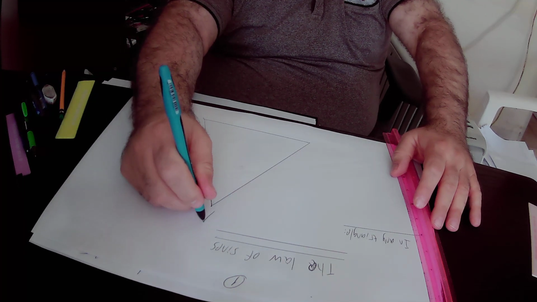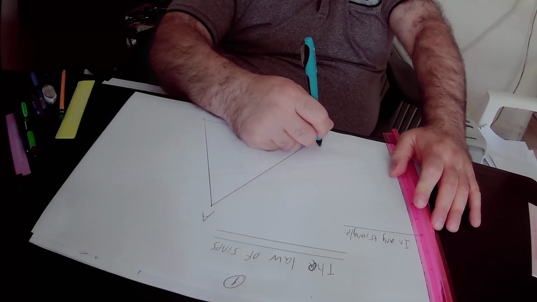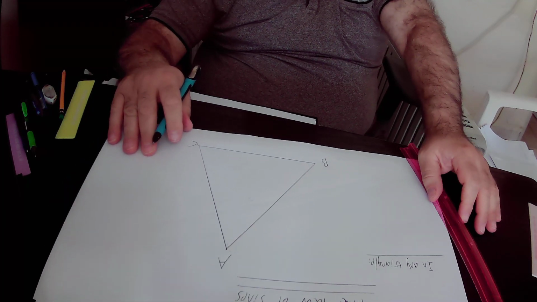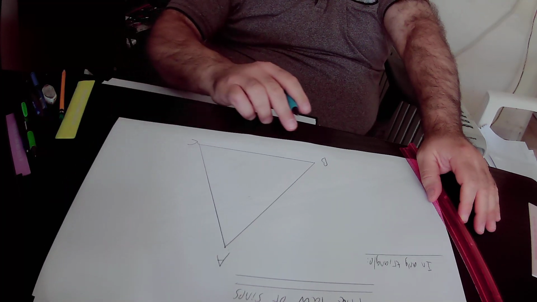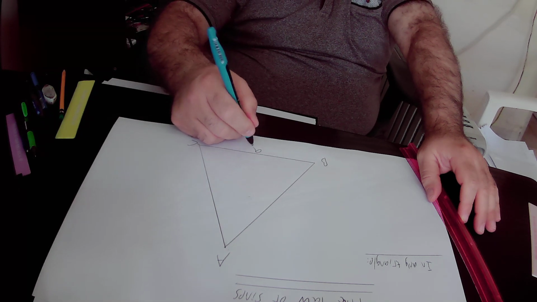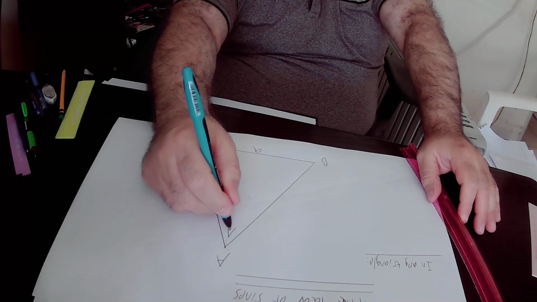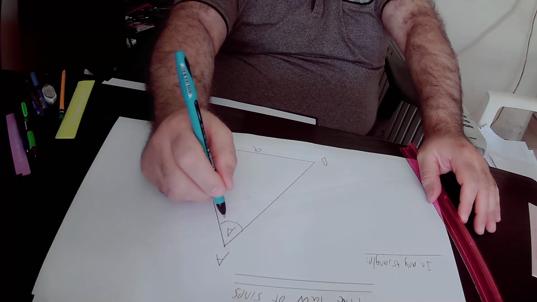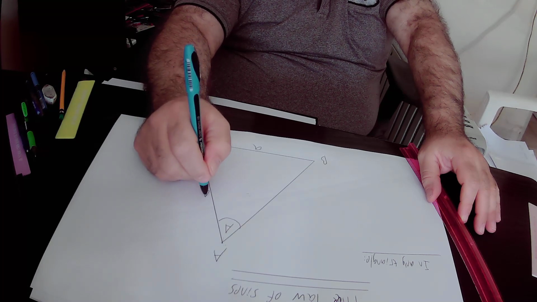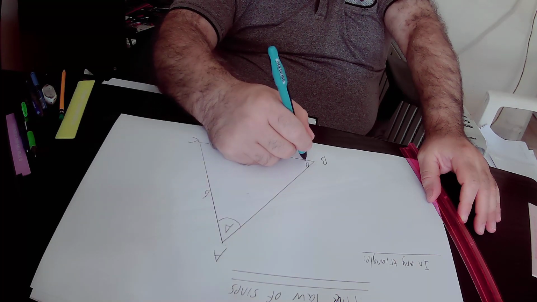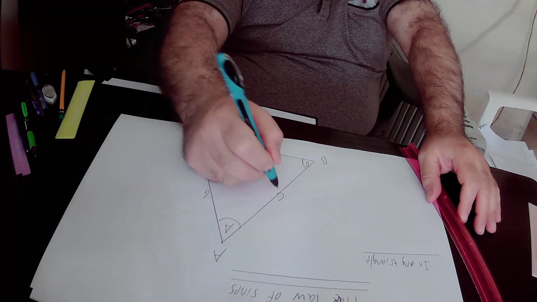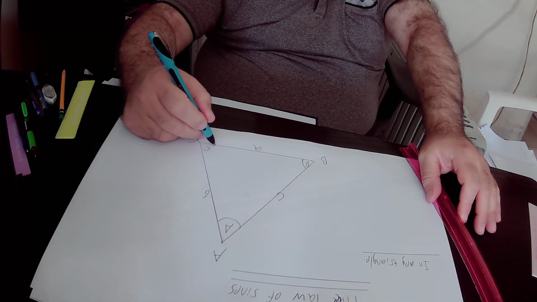The length of side BC is equal to A units, and this is angle A. The length of side AC equals B units, this is angle B, and the length of side AB equals C units, and this is angle C.